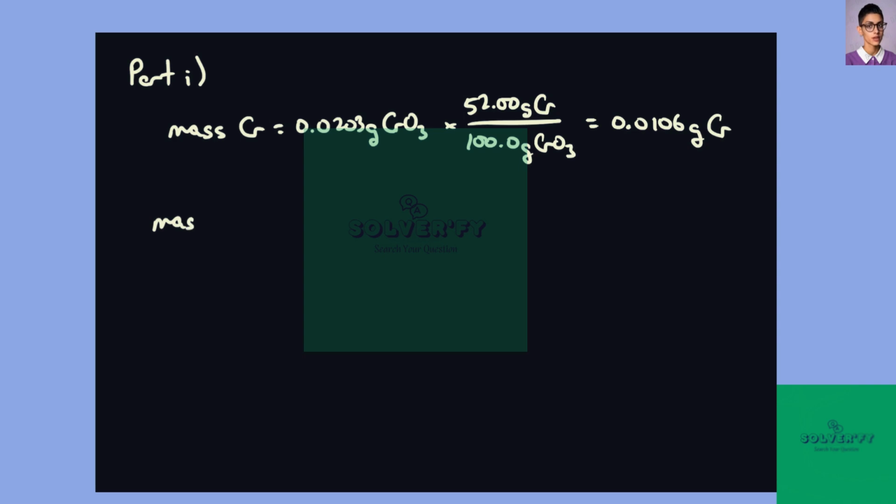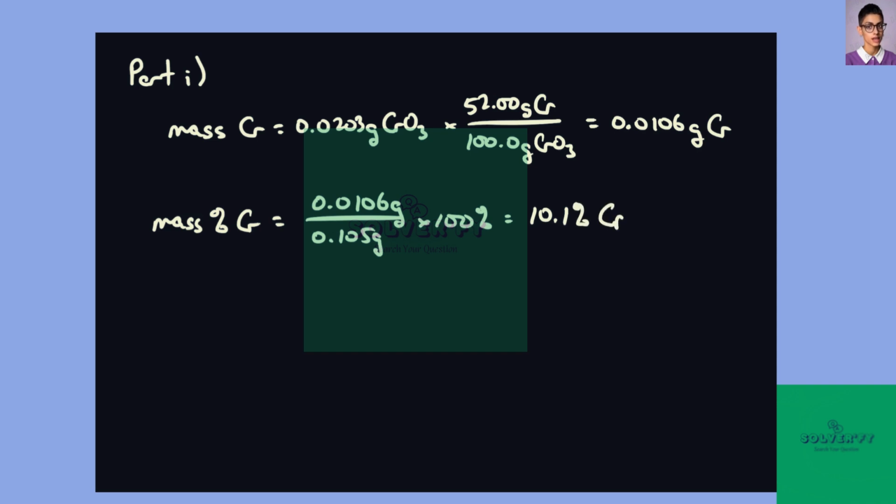And let's calculate next the mass percent of chromium, which would be equal to 0.0106 grams over the 0.105 grams times 100%, and this gives us a mass percent of chromium of 10.1% chromium.